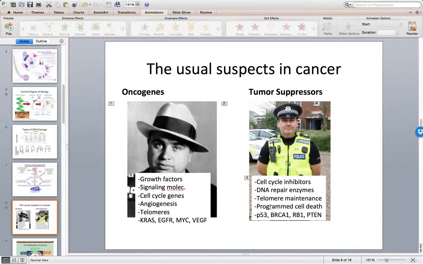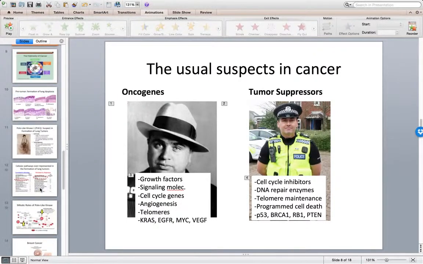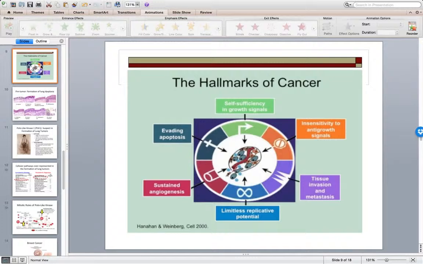So some of the big tumor suppressors are P53, BRCA1, retinoblastoma 1, and PTEN. And we're going to see this a lot in breast cancer. Remember, when we were just playing around with breast cancer, we saw P53 mutated and all those things, right? P53 is the big cop.